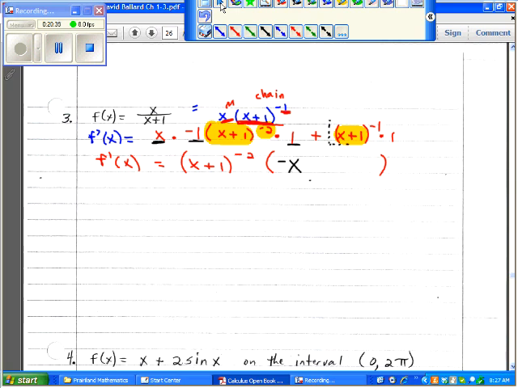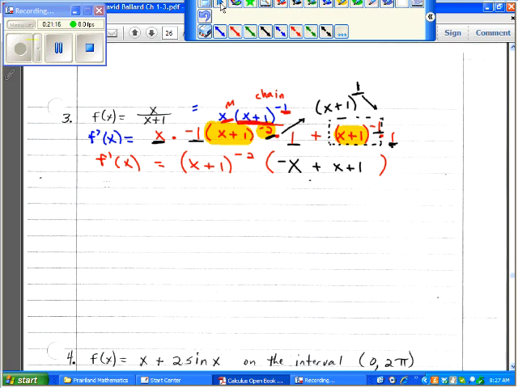And then remember that if we took this times x plus 1 to the first, when you multiply with like bases, you add the exponents. -2 plus 1 is -1. And that keeps happening every time, that we just end up with that base of x plus 1. And so we're going to have a plus x plus 1. And if that had been anything besides 1, we would have needed to put that x plus 1 in parentheses and distribute it, but that 1 is going to keep it the same. So we can just leave it like that.